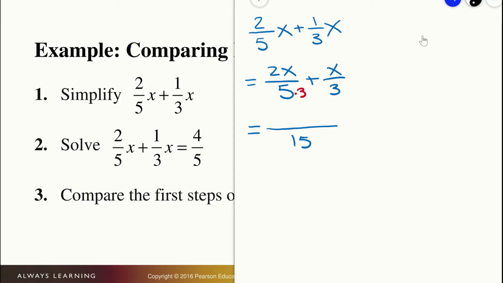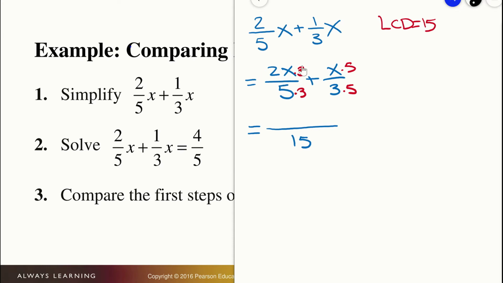But remember, when you do something to a denominator of a fraction, you have to do the same to the top. So do keep in mind, the first thing we did was to find the LCD, which is 15, right? And back to this, remember, we multiplied a denominator by 3, so we have to do the same to the numerator. And for the 3, we have to multiply it by 5 to make it 15. So of course, we have to do the same to x on the top there.